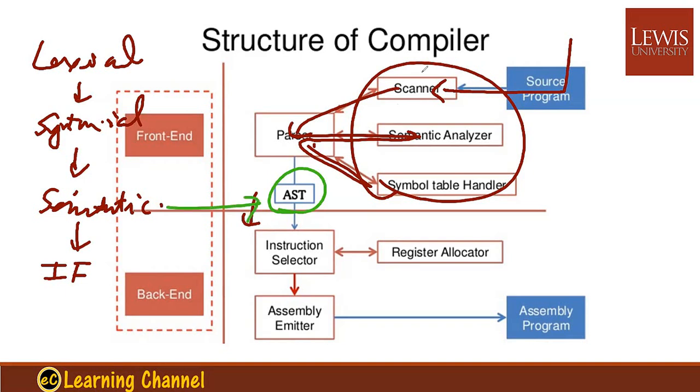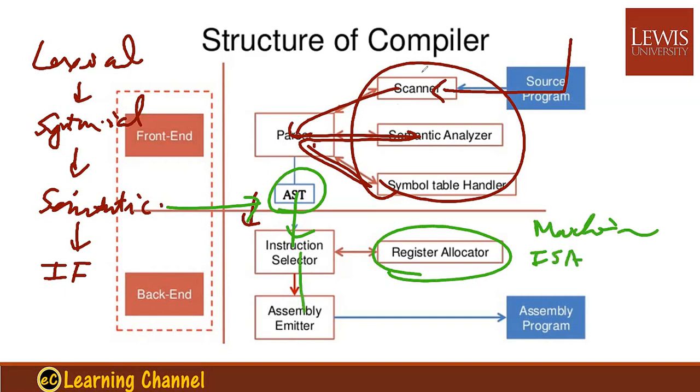After that, you send it to instruction selection, and then try to allocate the memory. Here it may be a machine model, maybe a real instruction set, and then you do the emitter and generate the assembly code.